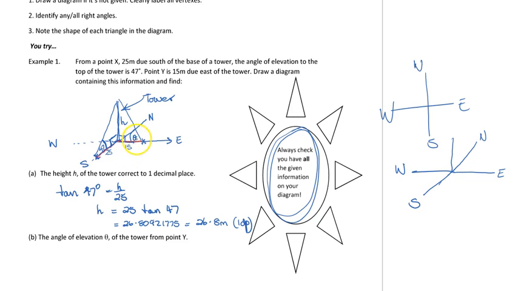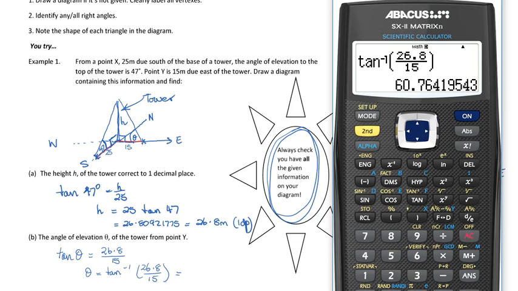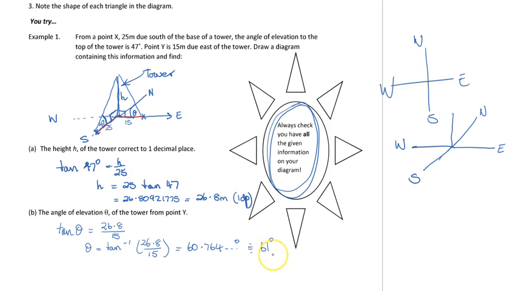So we're going to use tan again, and also the height of the tower that we've just calculated in part A. So we set up our nice tan ratio, and we know that theta is tan inverse of that ratio, and using your calculator and the fraction button, you can see it comes in at 60.764 degrees, which we would round to 61 degrees.